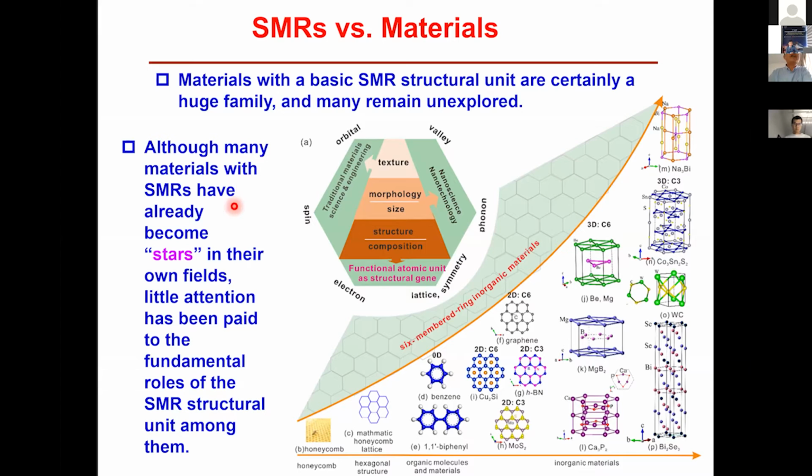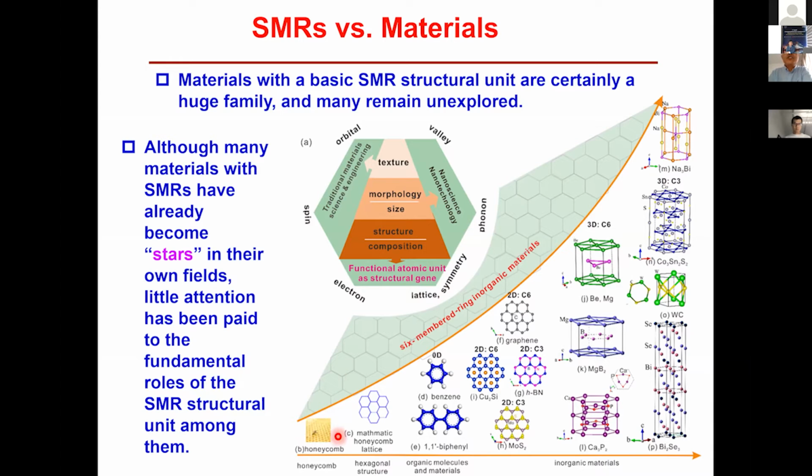And many of them, like graphene, molybdenum disulfide, boron nitride, magnesium boride, have already become stars in their own fields. But we think quite little attention has been paid to the fundamental rules of the six-member ring structure unit among them.